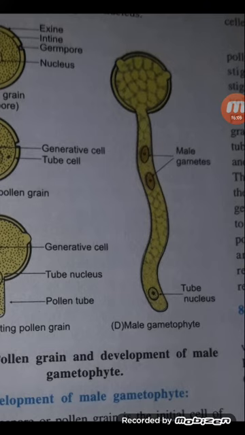Okay, ये generative cell divides mitotically in the pollen tube and forms 2 haploid, 2 non-motile male gametes. ठीक है, और ये tube nucleus. Okay, so this structure is called as male gametophyte.